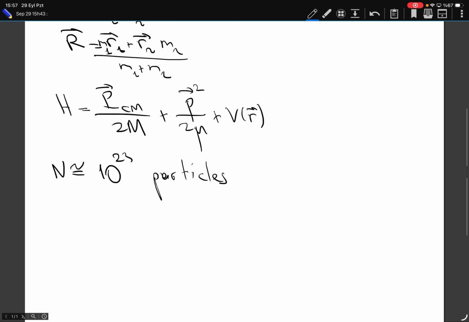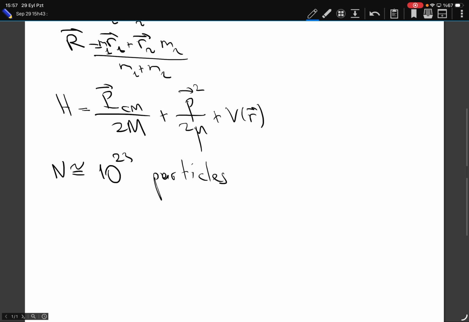Again, let's consider it classically. If you would like to solve this system of equations, we will not be able to solve it analytically. Even just the initial conditions, you will have 6N initial conditions: 3N positions and 3N components of the momentum of each one of those particles.